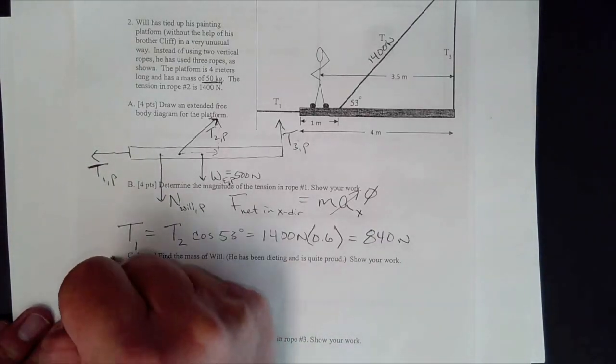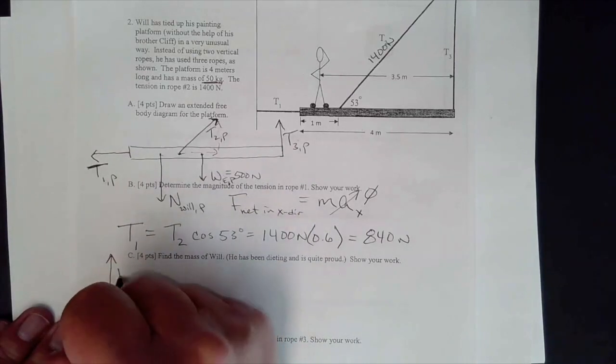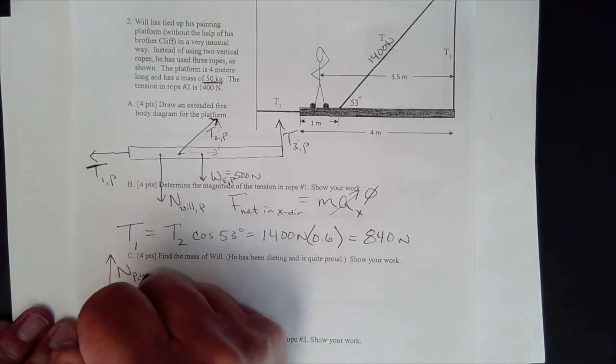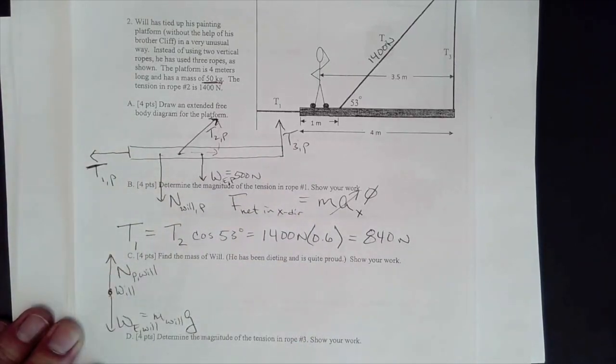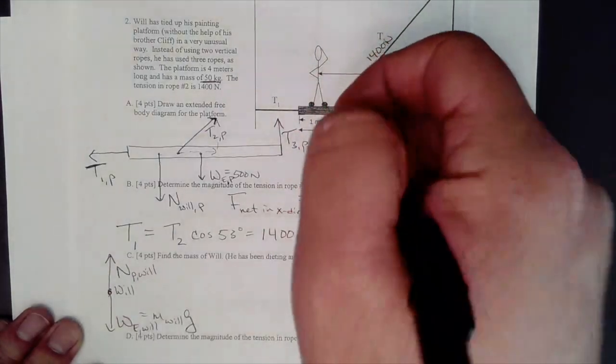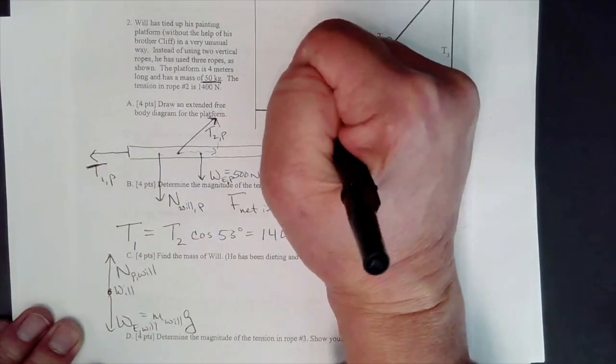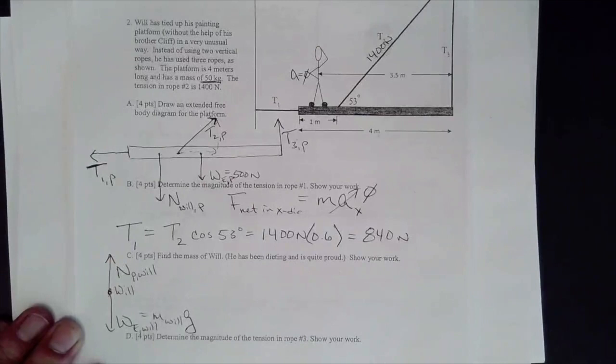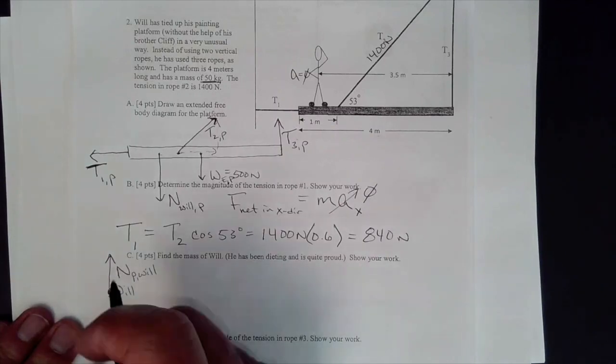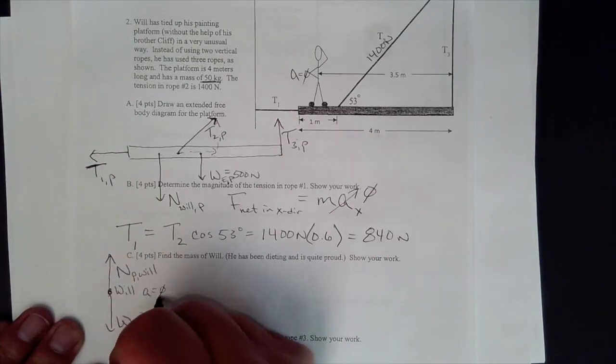And then we have the normal force by the platform on Will. And if Will's just standing there, and that looks like what he's doing, he's got 0 acceleration, that means that this normal by the platform is equal to his weight in magnitude because he has no acceleration.